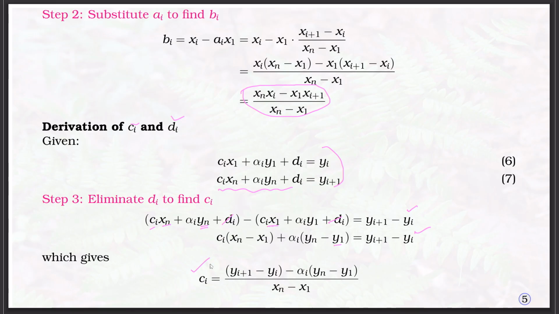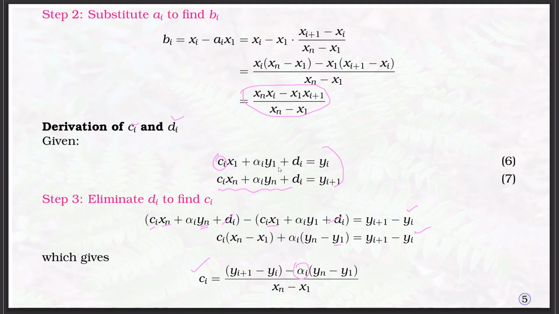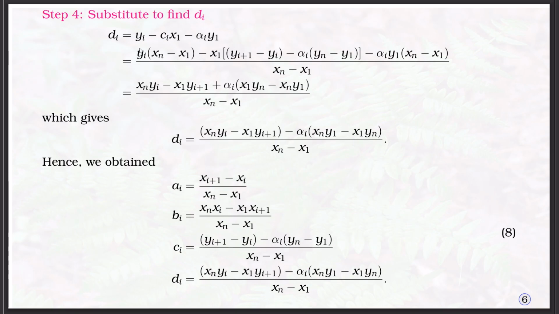Now we obtained the Ci value, involving the free parameter alpha i. Now the Ci value you can substitute here, then one can get the Di value. So for finding the Di, substitute the Ci value in this equation. We can substitute here also, but I will substitute here. Then Di equals yi minus Ci x1 minus alpha i times y1.